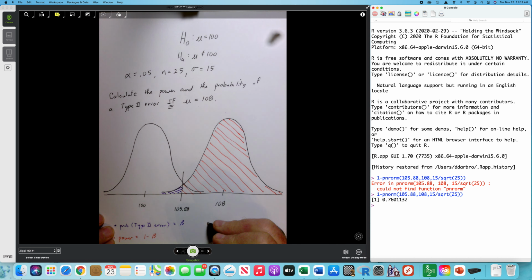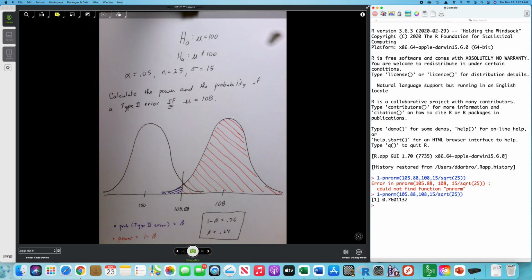So we know that 1 minus beta is equal to 0.76, and therefore I know that beta must be equal to 0.24. So if the population mean is 108, we land with a power very close to 0.80, which is the desired level of power.